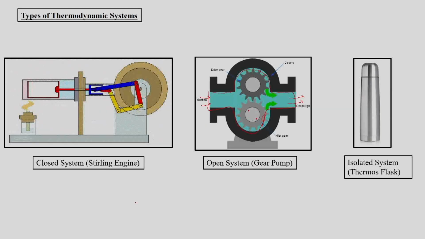Okay. But there is a possibility that we would have neither mass interaction nor energy interaction. Such a system, which does not interact in mass or energy with the surrounding, is called an isolated system, and an example is the thermos flask.